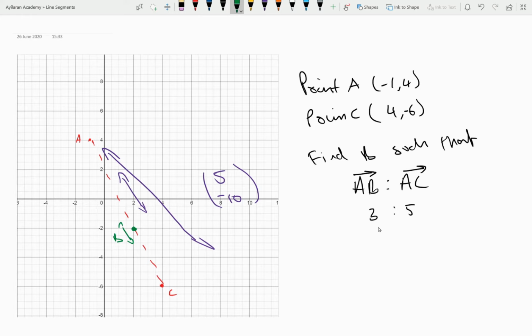We only care that B is 3/5 along the way to C. So from A to C, B is 3/5 along the line, because the vector AB is only worth 3/5. And then the vector from B to C would be 2/5. And that would make up the entire line.